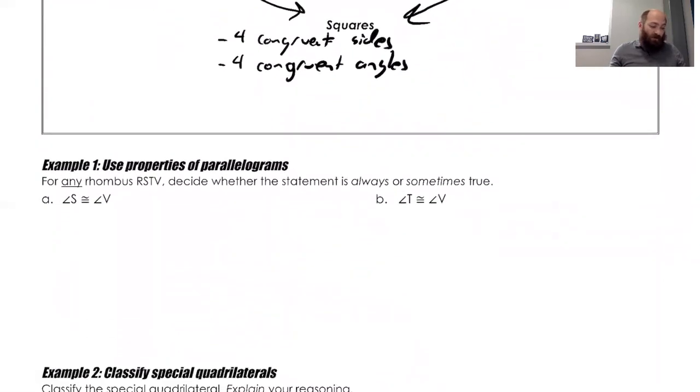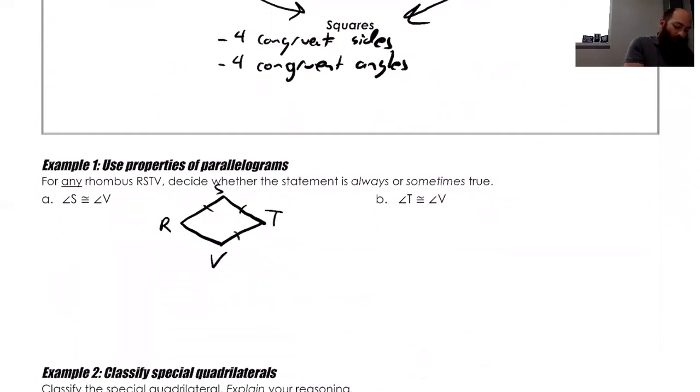Let's start with figuring out, for any rhombus RSTV, whether or not these 2 statements are true. So to start, I'm going to go ahead and draw out a rough sketch of my rhombus, RSTV right there. So a rhombus has 4 sides that are congruent. Are these 2 angles congruent? Are they always true or sometimes true? In this case, it's always.